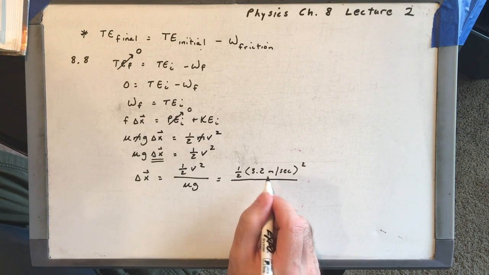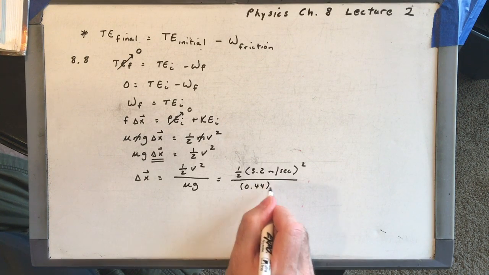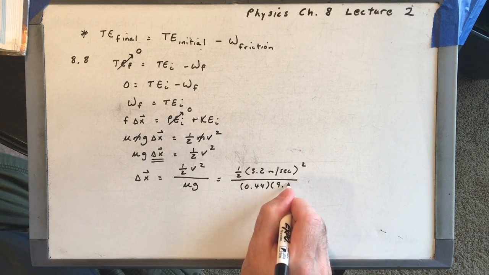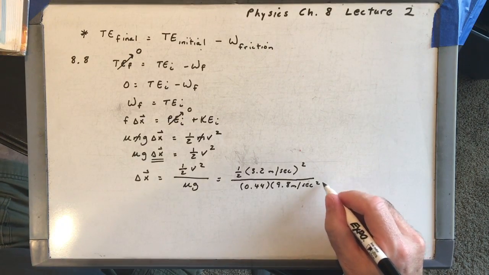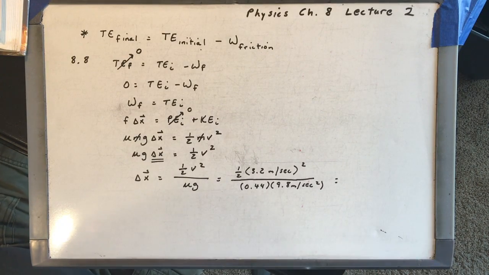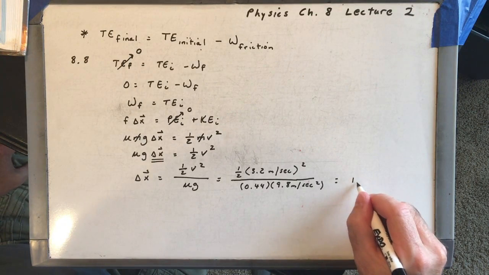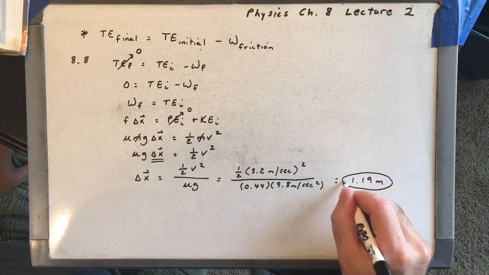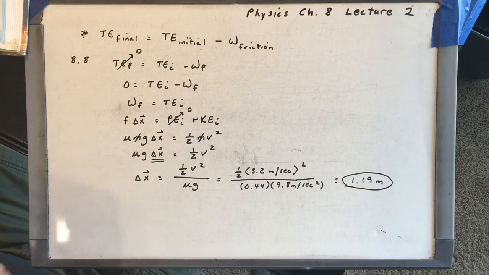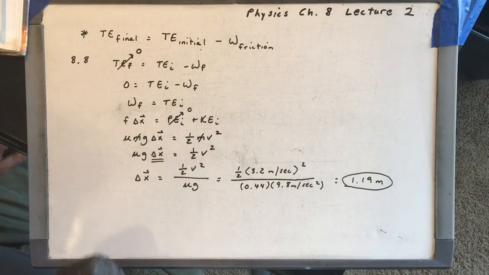We have a mu of 0.44. And gravity is 9.8. When you plug all that into your calculator, you get 1.19 meters. Okay, gonna erase this.